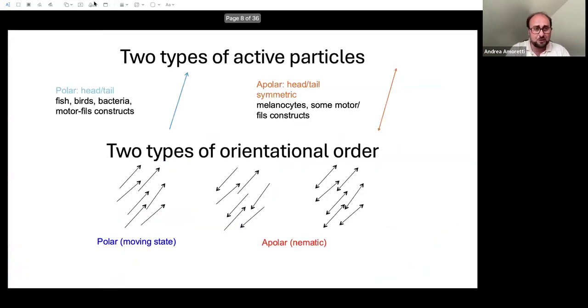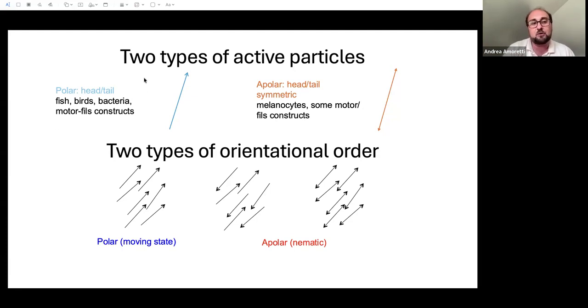So people started to make some schematic assumptions on how to model interactions, and the main kinds of interaction that you can find in these materials are two types. The one that we call polar, which is the dominant one in fish, birds, or bacteria, where you can distinguish the head from the tail.